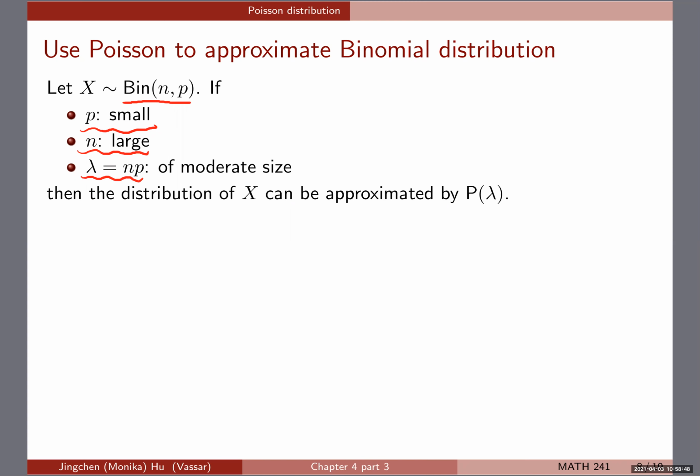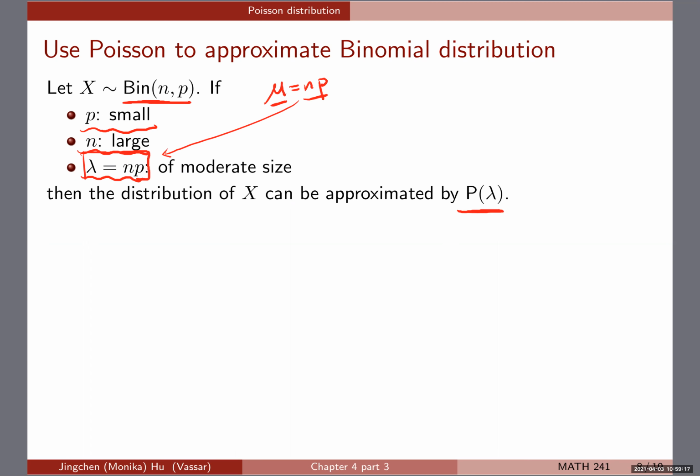Just to refresh your memory, for the binomial distribution, the mean mu is n times p. If the mean of the binomial distribution, mu equals n times p, is of moderate size, then we can use a Poisson distribution with the same mean to approximate it.